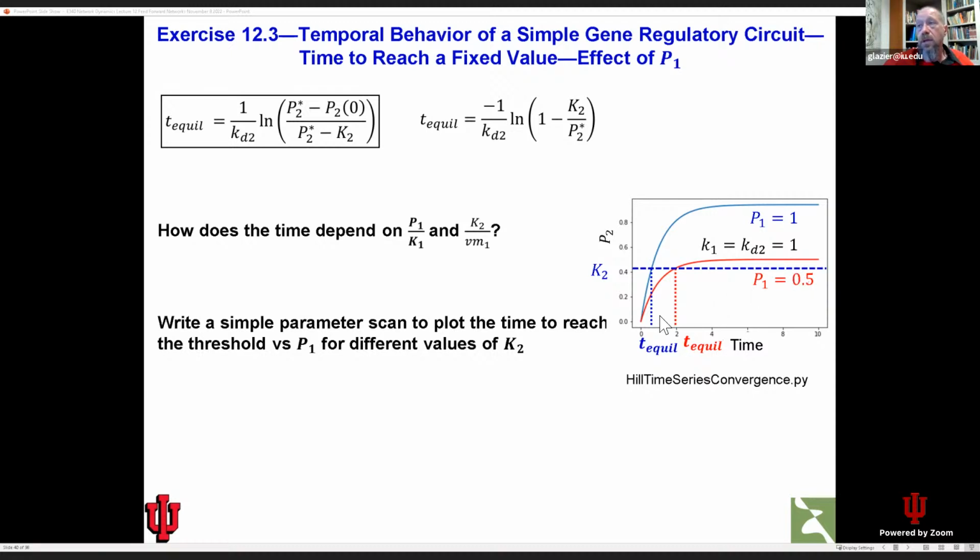And then you can ask the question, how long does it take to get to value K2? What I'd like you to do then is scan that time as a function of P1, and you'll have to repeat it for different values of K2. Is that clear?